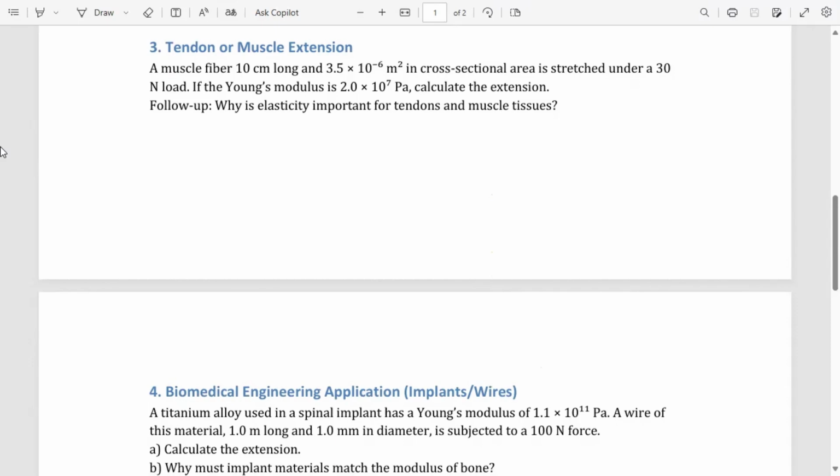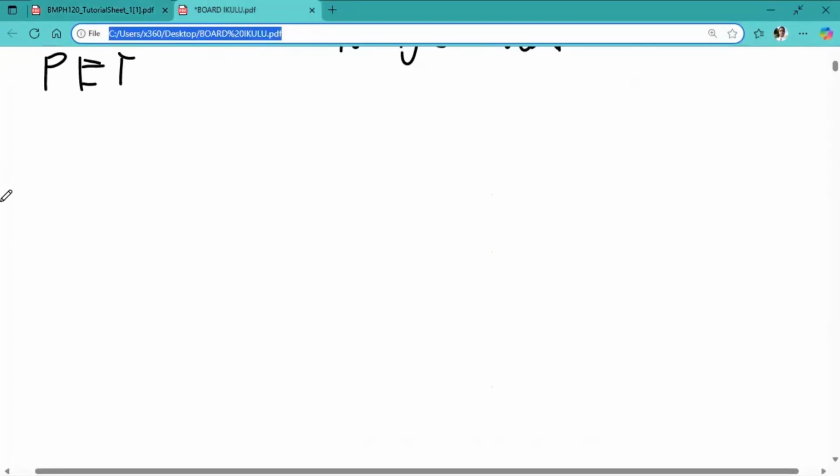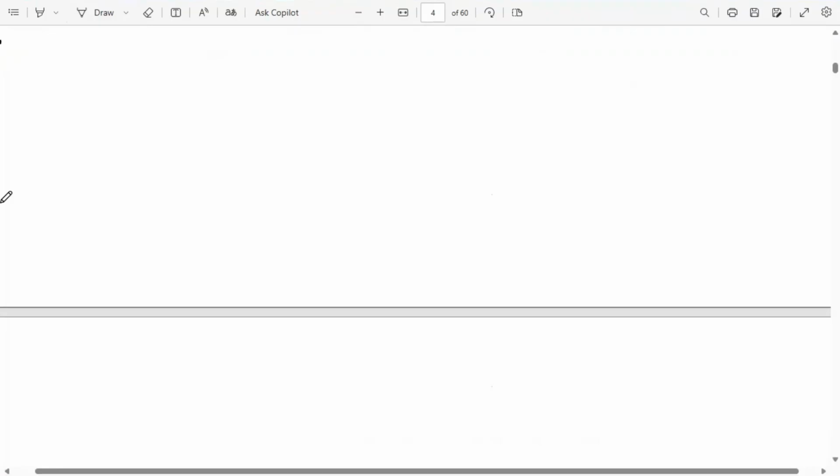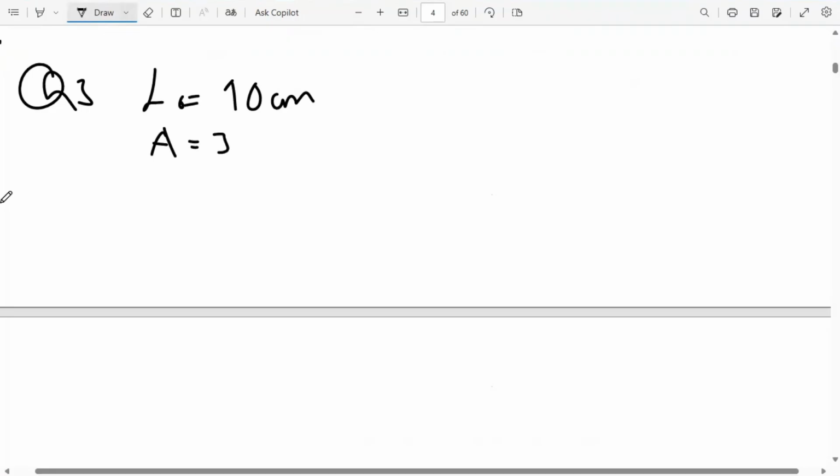Okay, so this is also another interesting question. Let's call this one question 3. They've given us data: the initial length of the tendon, which is 10 centimeters. They've also given us the cross-sectional area of this tendon, 3.5 times 10 to the power minus 6 square meters.